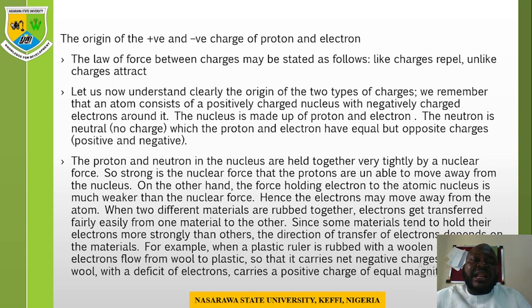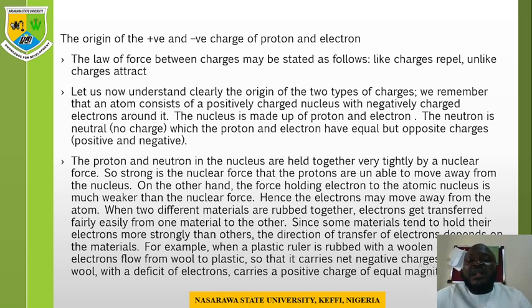We remember that an atom consists of a positively charged nucleus with negatively charged electrons around it. The nucleus is made up of protons and neutrons, right? Your chemistry knowledge. The neutron is neutral, with no charge, while the proton and electron have equal but opposite charges, positive and negative.